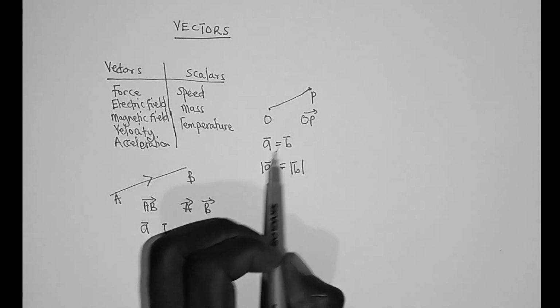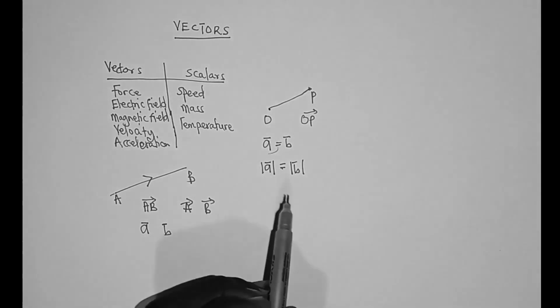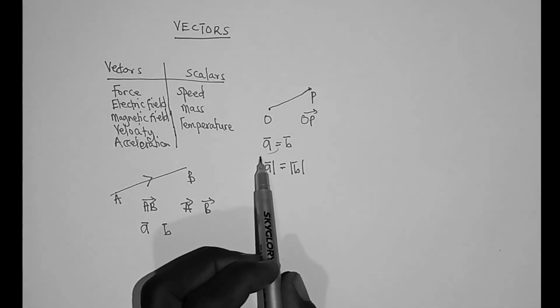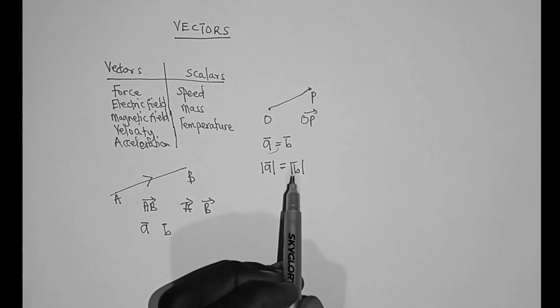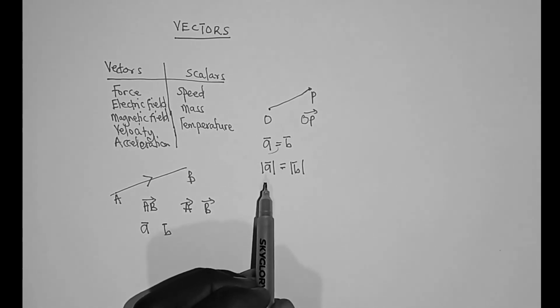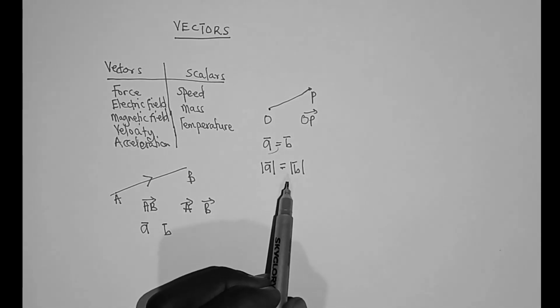So if vector A is equal to vector B, first it means that the magnitude of vector A is equal to the magnitude of vector B, and it also means that vector A and vector B are in the same direction.